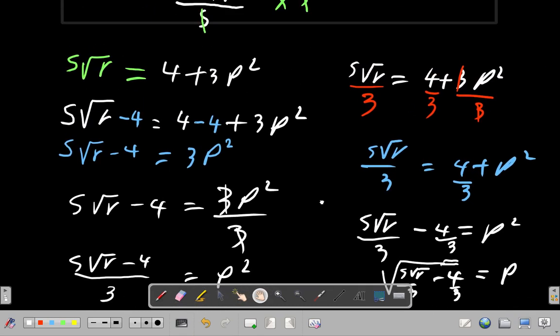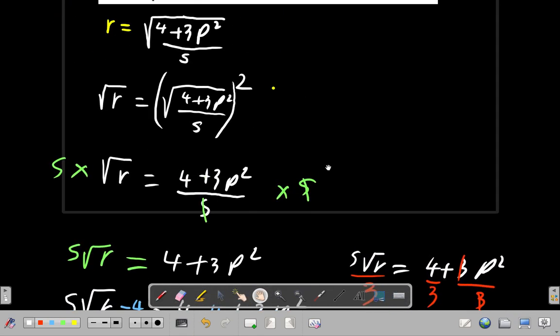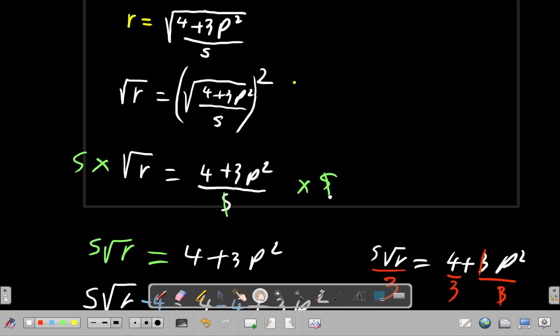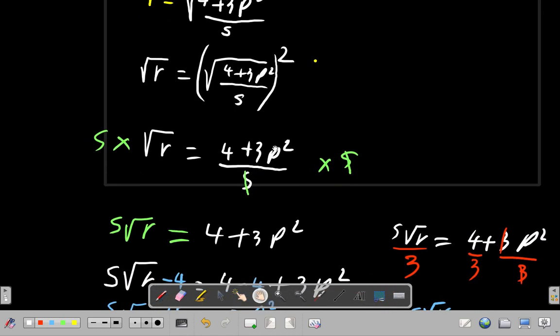And here, what we did was divide by s, multiply by s. I mean, you could have divided by 3 here now, but you don't want too many numbers mixed up on one side of the equation.